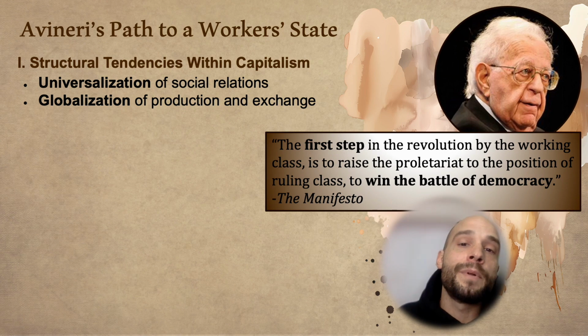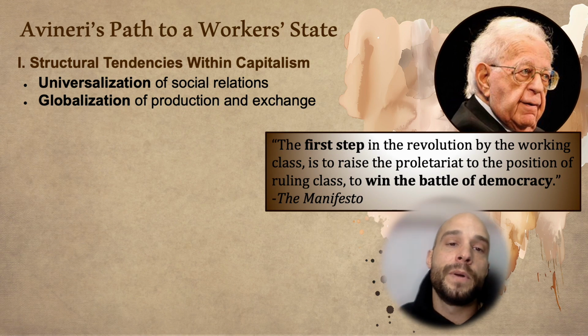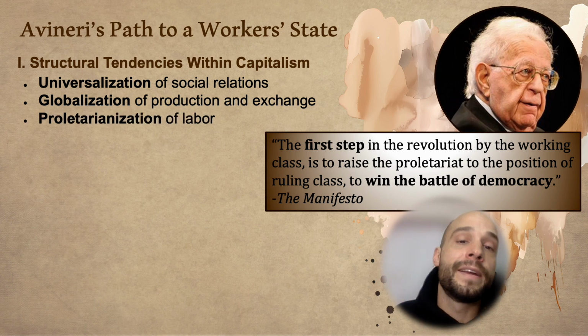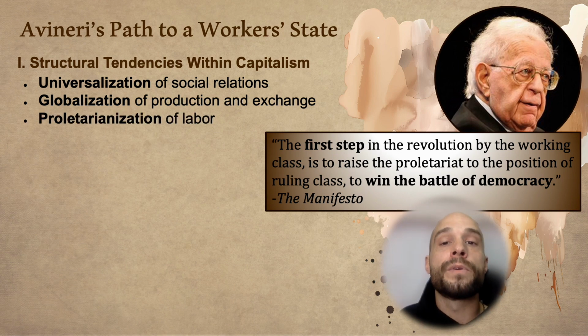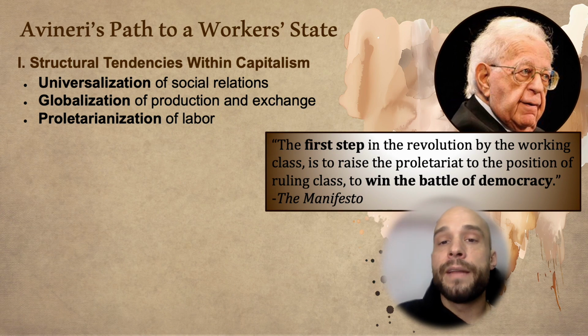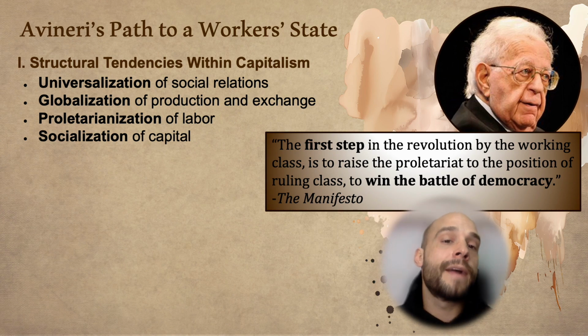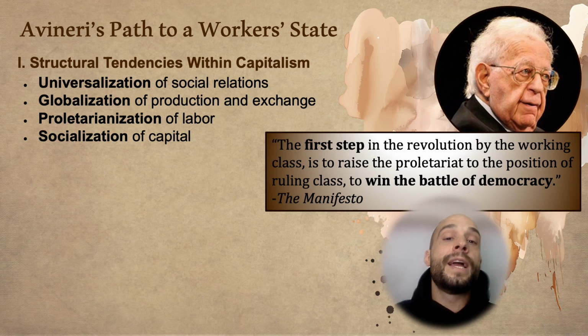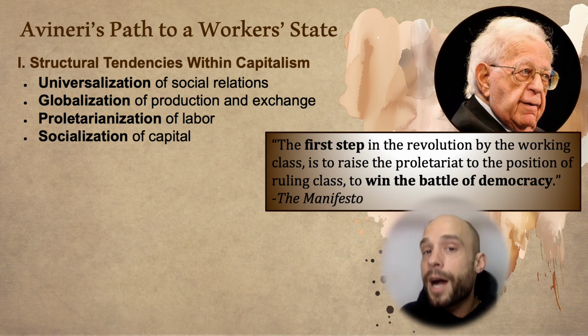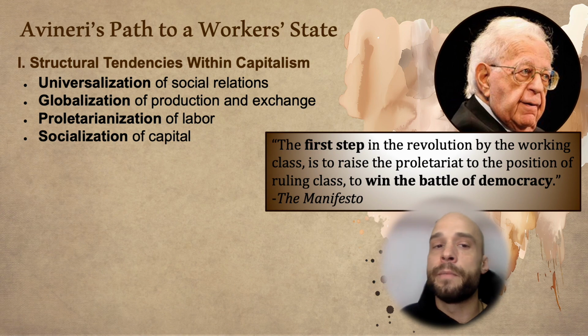Globalization means capitalism spreads to distant lands and climes, as the Manifesto puts it. Proletarianization is about the workforce growing in strength and in number, and the socialization of capital is about the transition from single proprietor companies to large enterprises owned publicly through the stock market. More on all this in a moment.